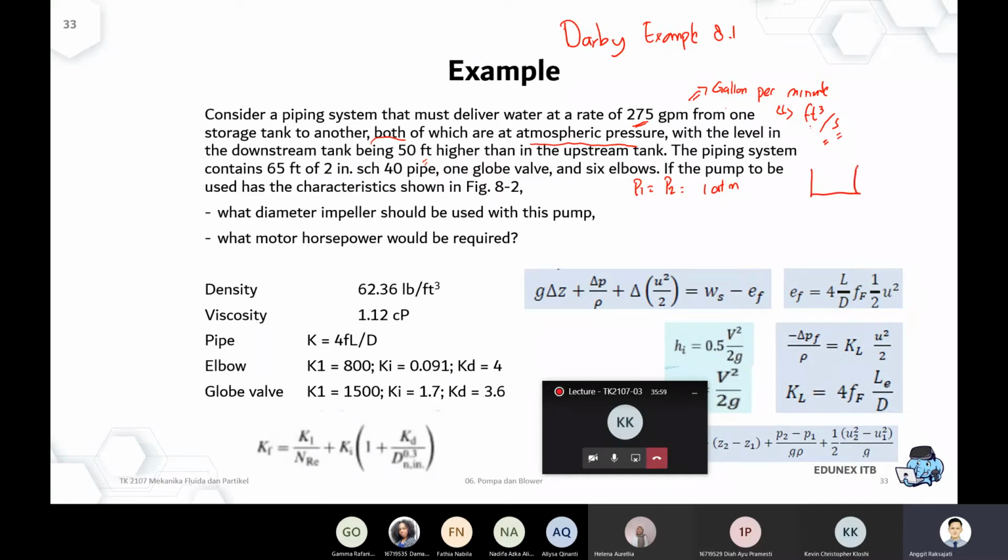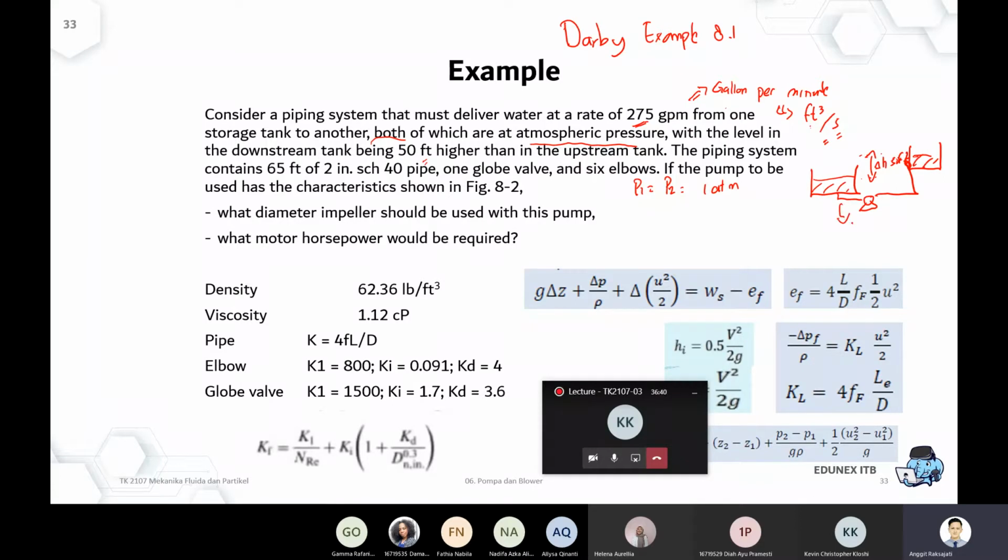So if you have the downstream tank, that's the case, for example, delta H is 50 feet. And then the piping system contains 65 feet of 2-inch schedule 40 pipeline.